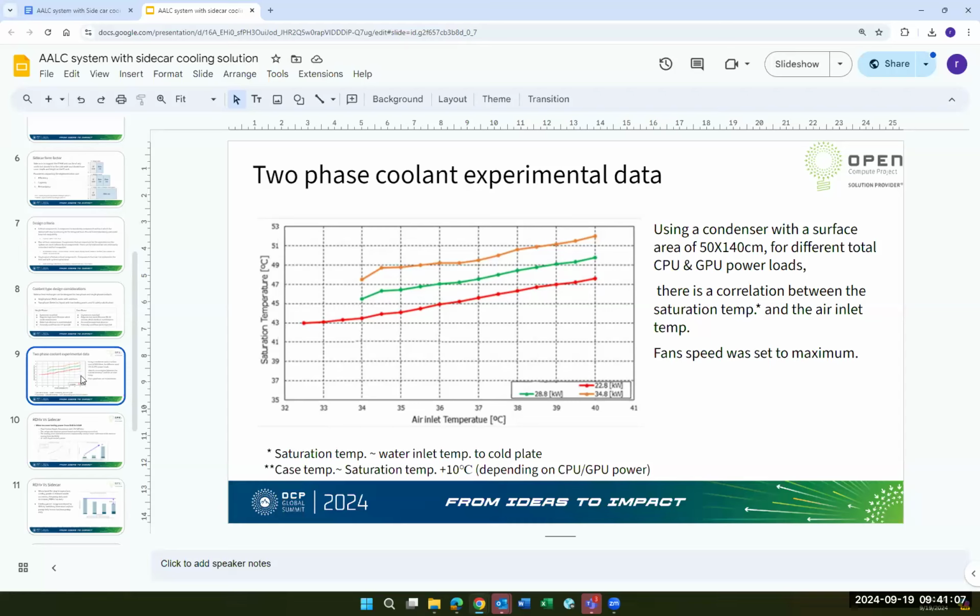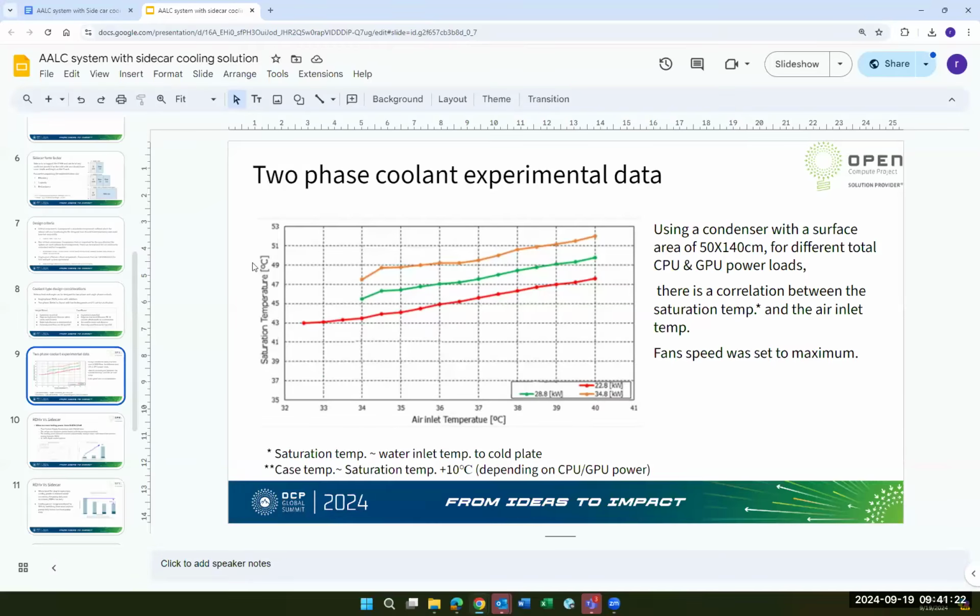That's why I think a better comparison would be: what is the heat transfer happening? How much heat is being rejected at different inlet temperatures, which you have here.